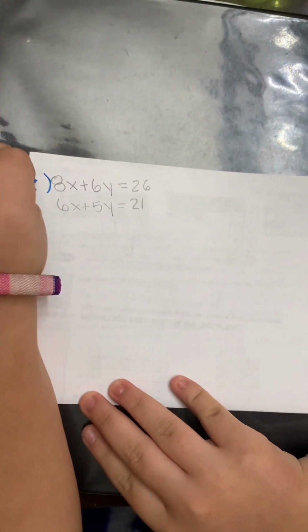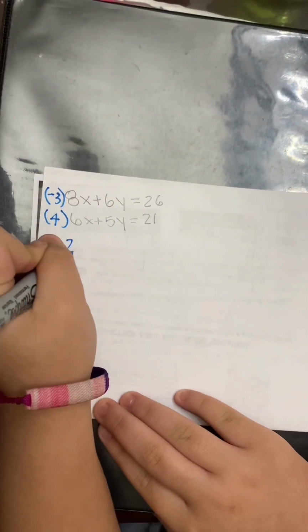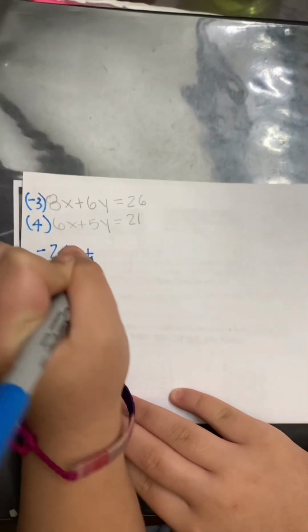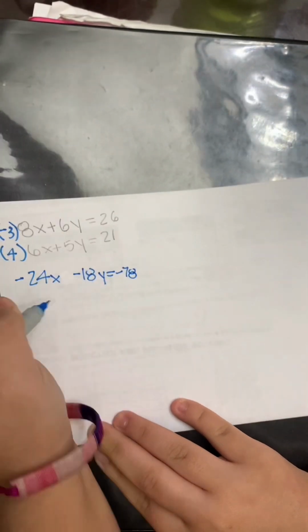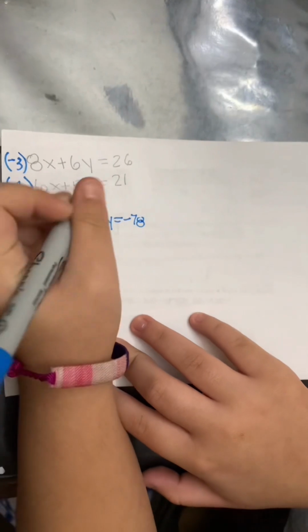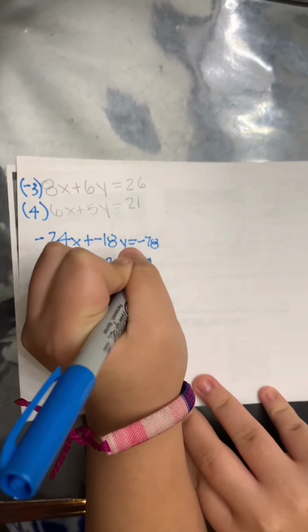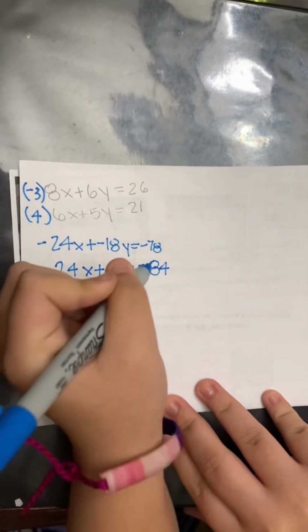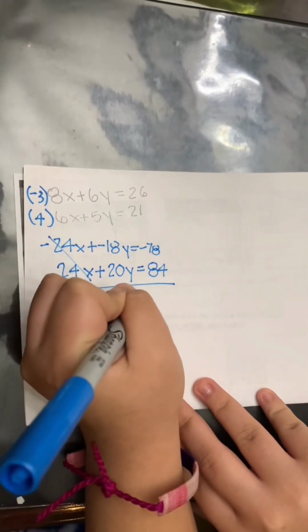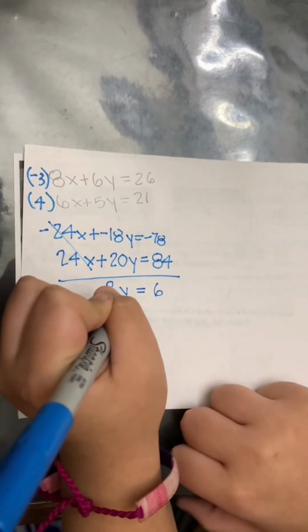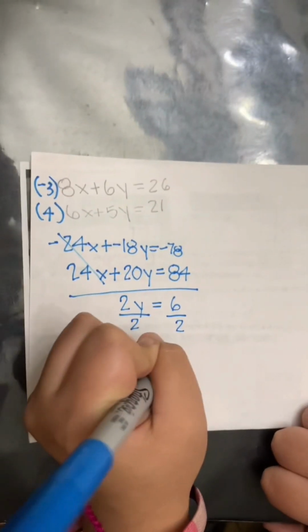We start off by multiplying -3 to the first equation and 4 to the second equation, which would be -24x minus 18y equals -78, and then the second equation would be 24x plus 20y equals 84, and then the 24x's cancel out, which would be 2y equals 6, and then we divide by 2 on both sides, and then y equals 3.